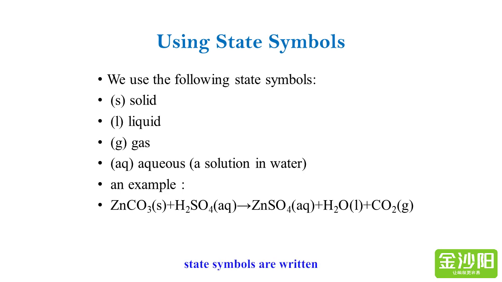State symbols are written after the formula of each reactant and product. For example, zinc carbonate, which is solid, reacts with hydrogen sulfate, which is aqueous, to generate zinc sulfate, which is solid, water, and carbon dioxide, which is gas.